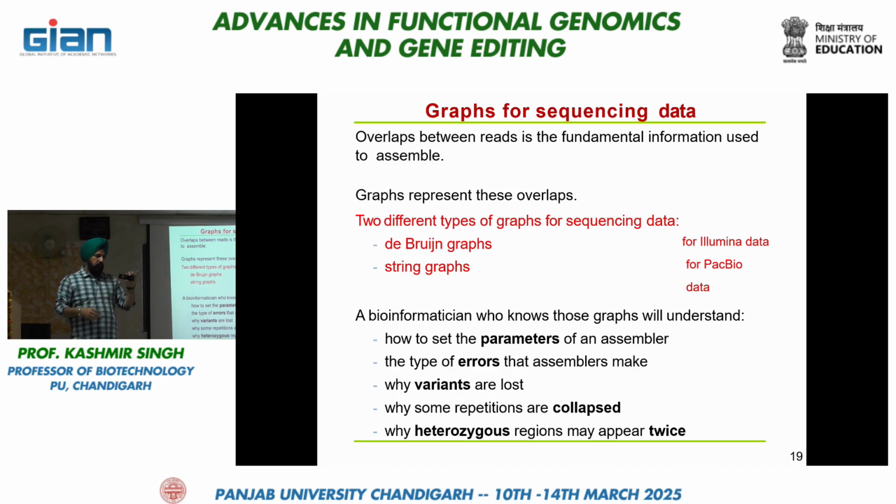Each base score is calculated, and if the quality at the ends is not very good, you can trim it. You remove 10 bases from this side and 10 from this side, or more depending upon the quality, and then you assemble these into contigs.